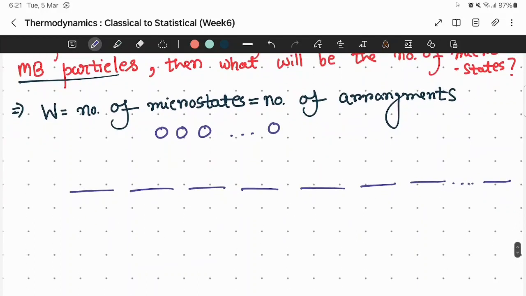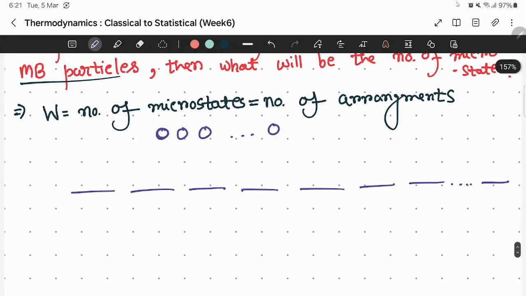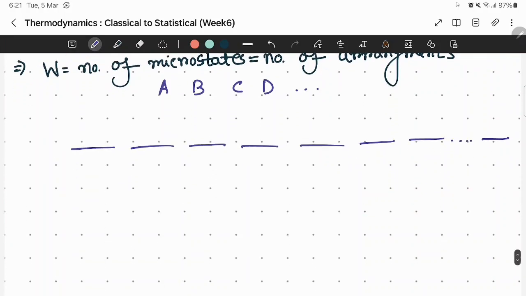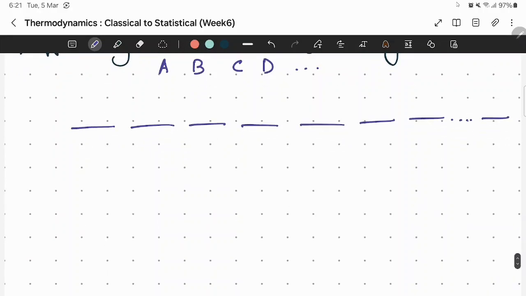Now the first particle, let's say these are distinguishable, so A, B, C, D like this. The first particle, let's say A, can be kept in any place, any state. So for the first particle, there are m number of choices.